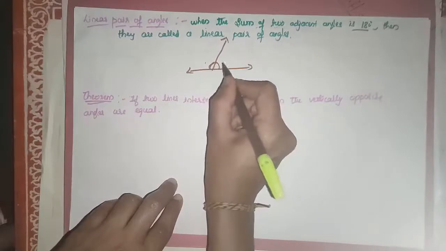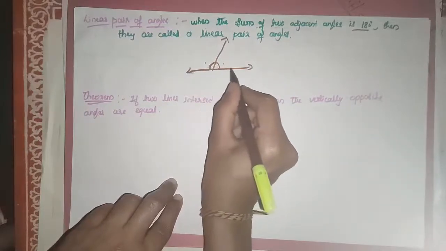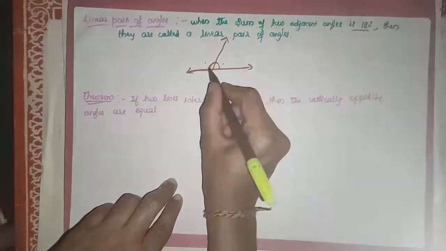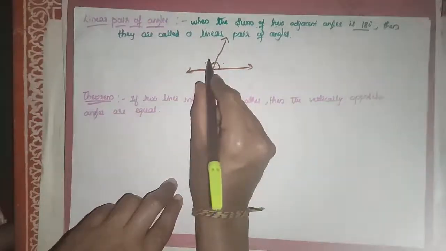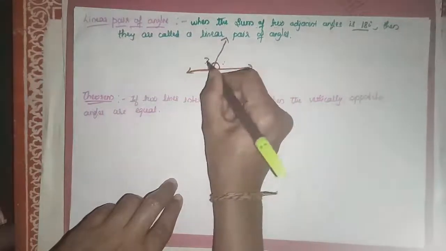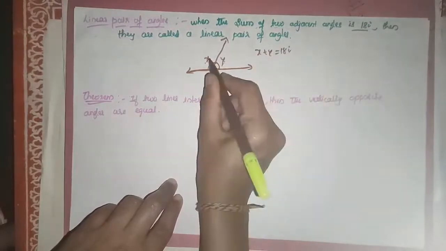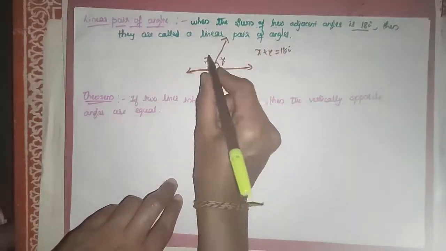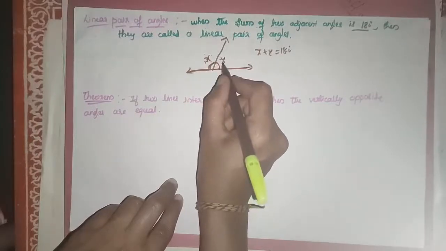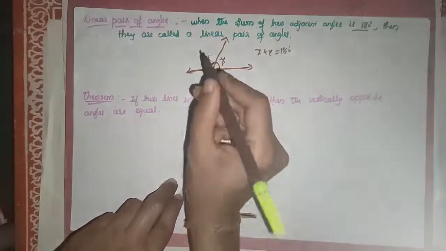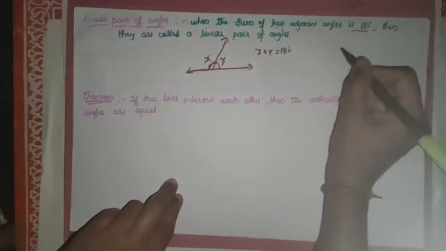If there is a straight line, this is 180 degrees. That is, the sum of the two angles is 180: x plus y is 180. The sum is 180 and these are side by side angles, that is adjacent angles. So these angles are called a linear pair. For example, you can take any example.